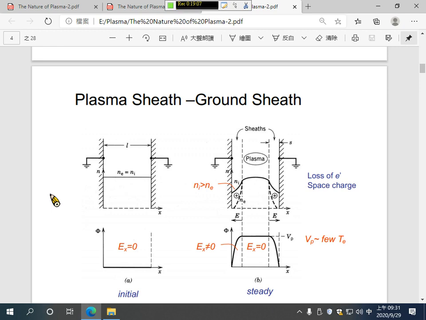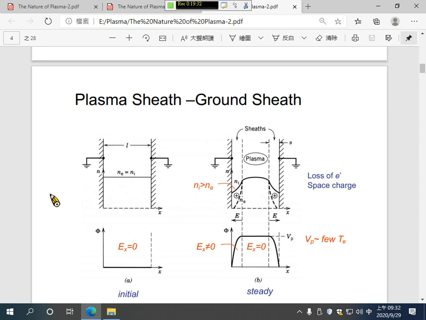Inside the plasma at the beginning, the electron density and ion density are equal. And since the metal plates are grounded, the potential equals 0 volt.